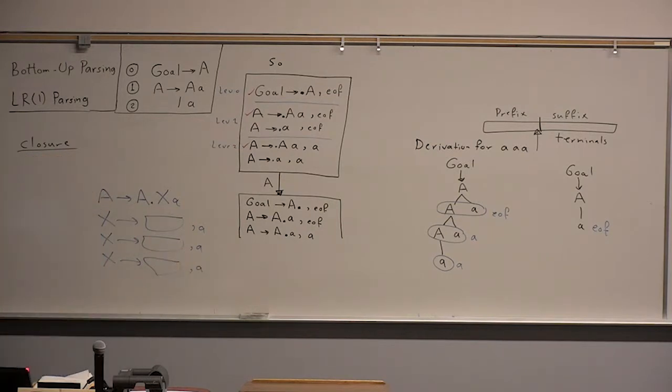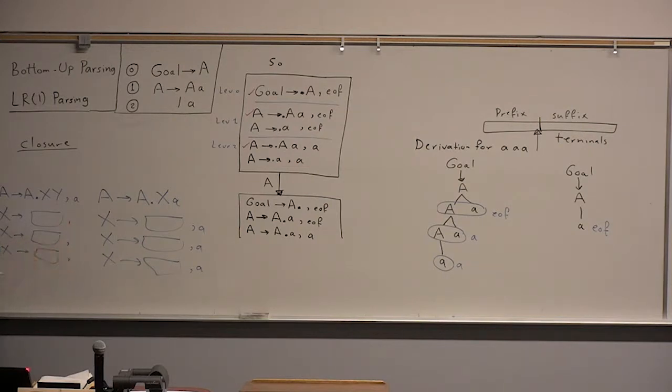Now, what if we had something like this: A, then A dot X Y A. Now, in this case, to continue to find the closure of this, we should find all the rules that define X. And now, what will the look ahead be?